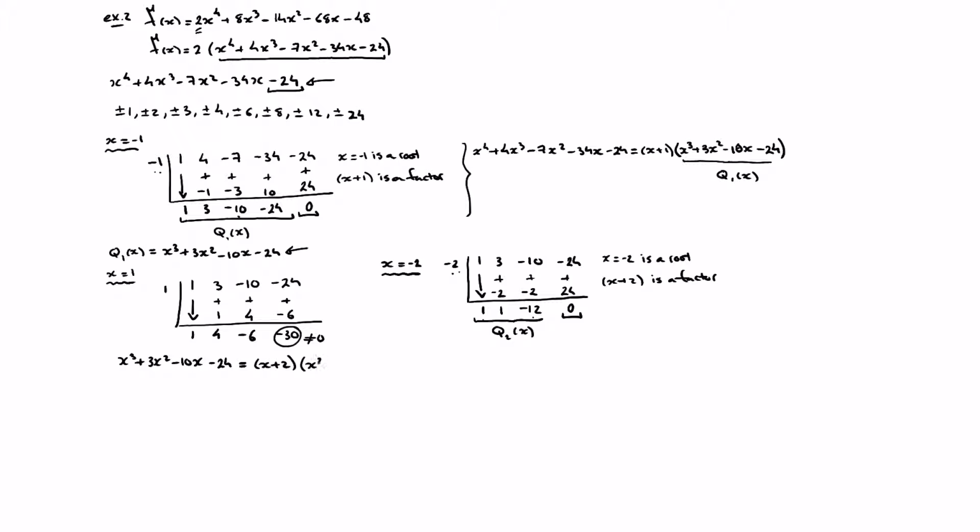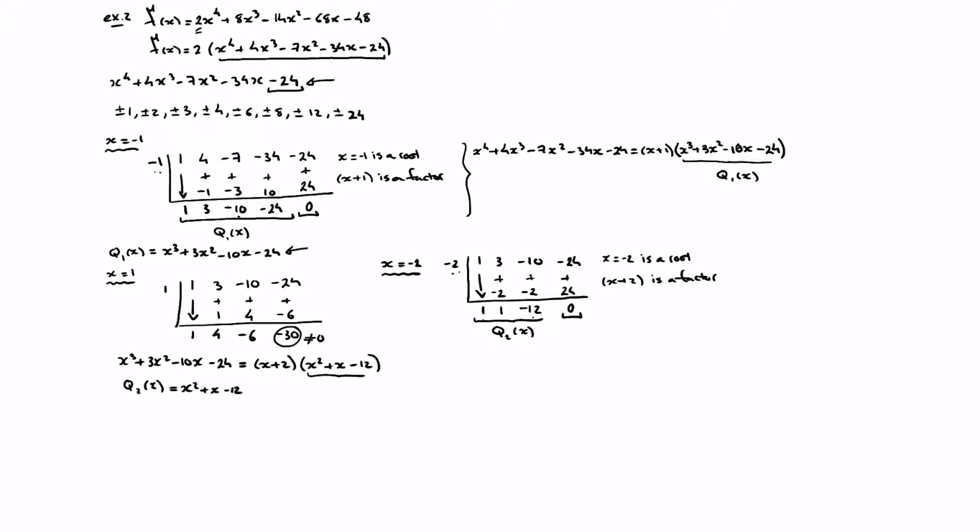So that's x squared plus x minus 12. Now, our next job is to focus on q2 of x, which equals x squared plus x minus 12.